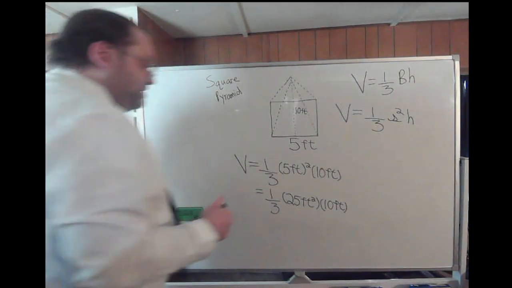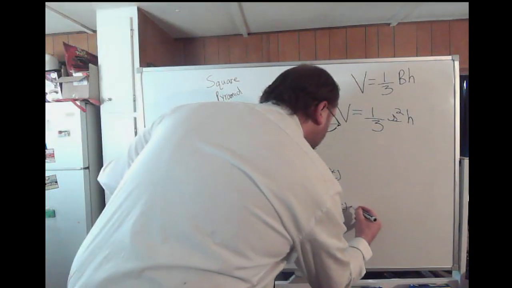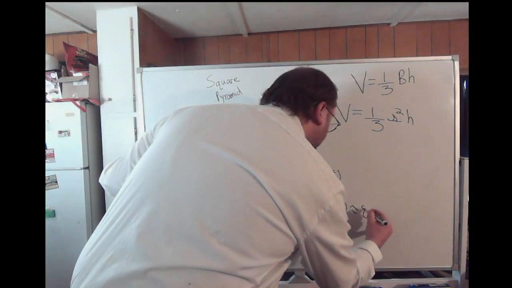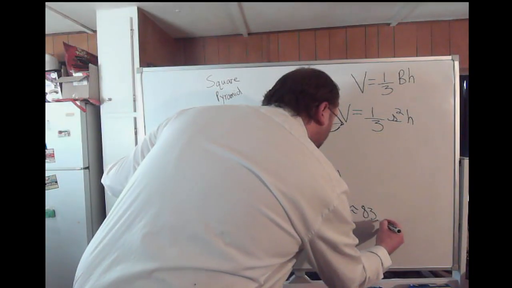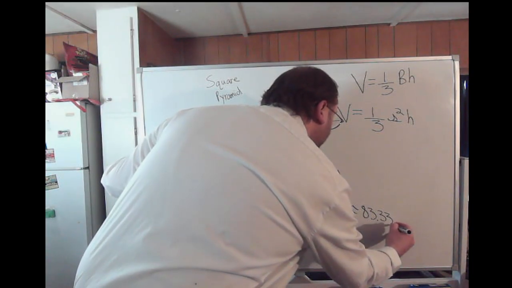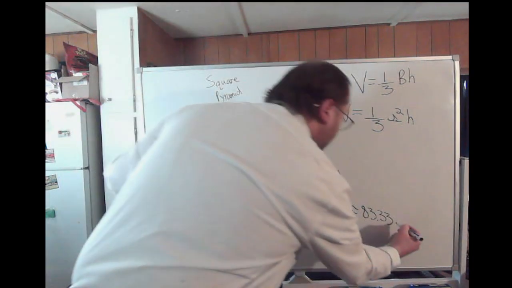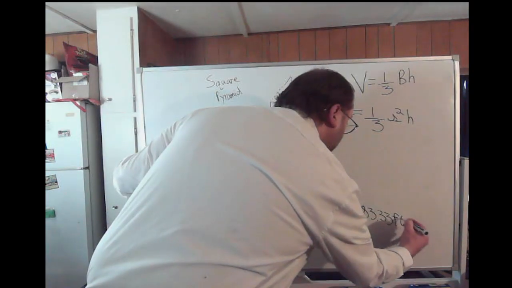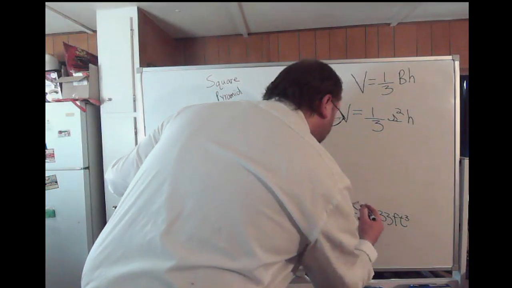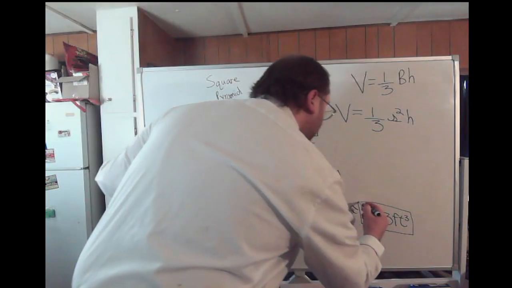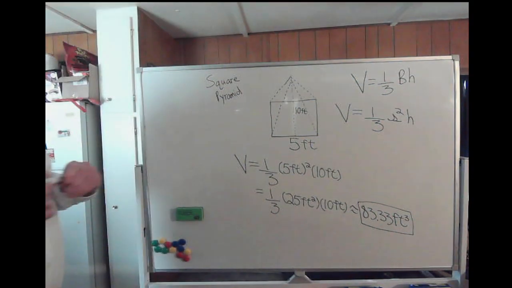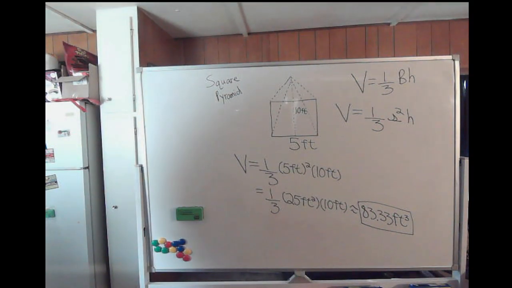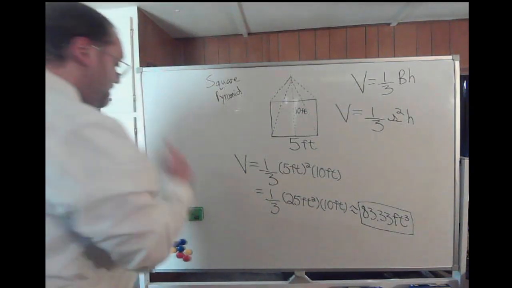You get approximately 83.33 feet squared times feet, that's feet cubed. So the volume of this particular pyramid here is 83.33 cubic feet. Alright, that wasn't too bad.